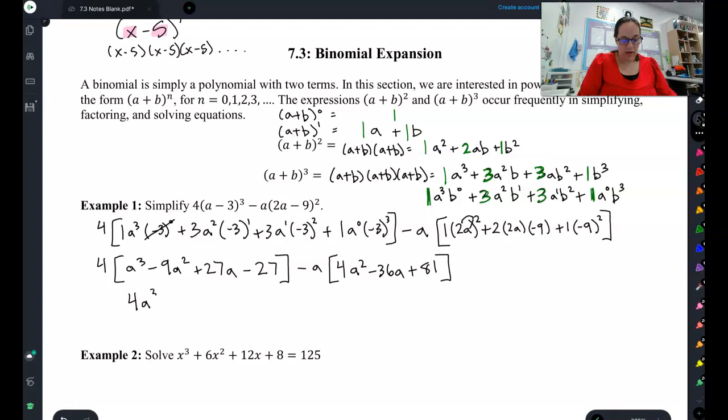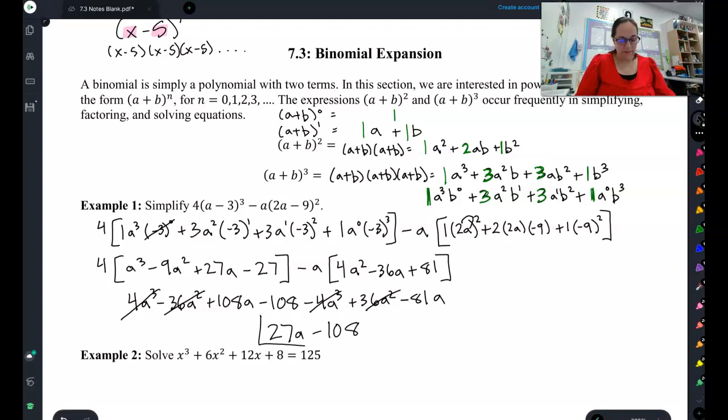I get 4a cubed minus 36a squared plus 108a minus 108. Distributed negative a into here, I get negative 4a cubed plus 36a squared minus 81a. And then we just combine like terms, so those go away, and I end up with 27a minus 108 for my final answer.